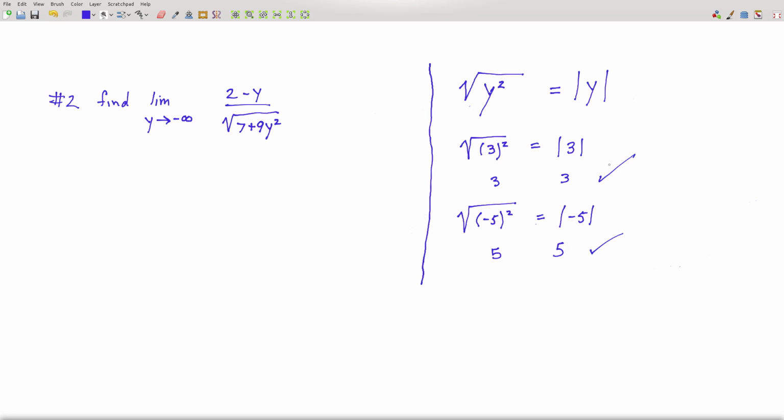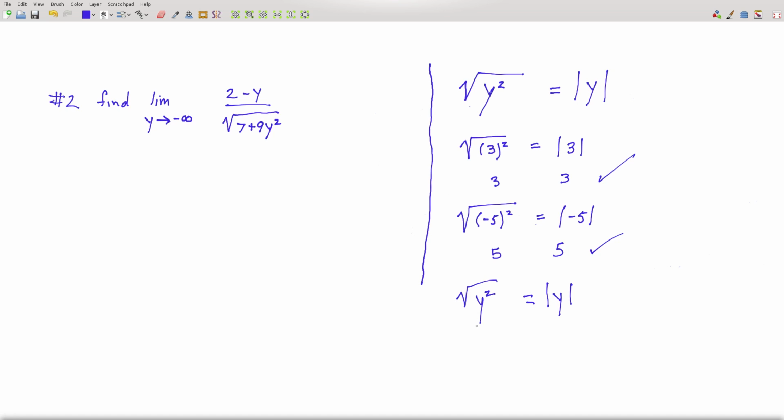These two tests should show you why it's true that the square root of y squared is equal to the absolute value of y. Okay, this is a useful fact that we're going to take advantage of.